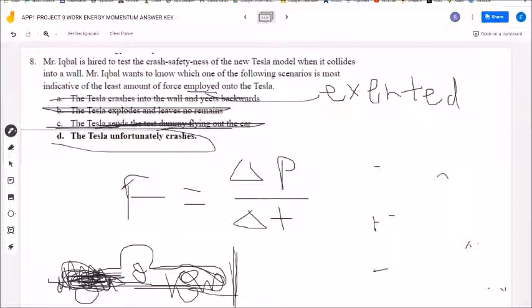And what we know from this equation is that if time goes up, if the denominator goes up, the quotient goes down. So the longer it takes for this force to be exerted, the weaker the force is going to be. If it takes, say, 100 seconds for this car to crash, then the force will be less. You can tell from this equation: the number goes up, this goes down. I took a little too long to explain something that's conceptual and easy, but yeah, that's it.